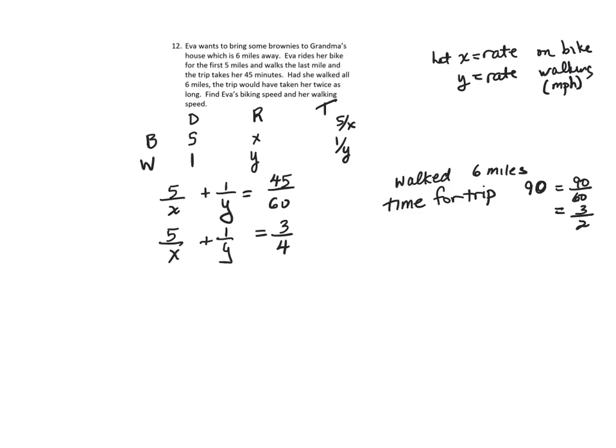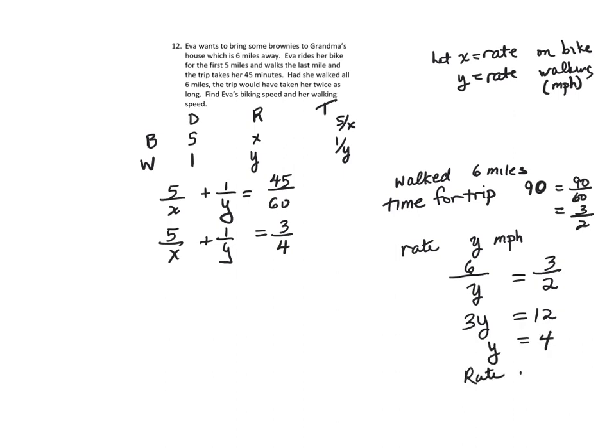But her rate of walking is still y. So we could say that her time, which is 3/2, is equal to her walking distance, which is 6, divided by her rate walking, which is y. And this equation will enable us to solve for y. So if we cross multiply, we get 3y equals 12 and y equals 4. So her rate walking is 4 miles per hour, which is reasonable.